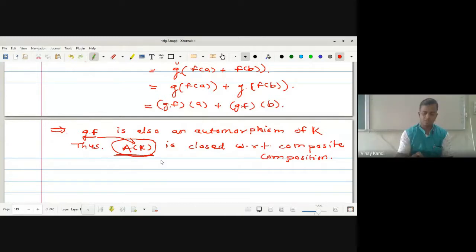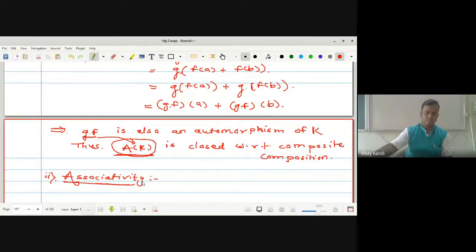Now the second property, associative. If the closure property is satisfied by that set, then associative must be satisfied.